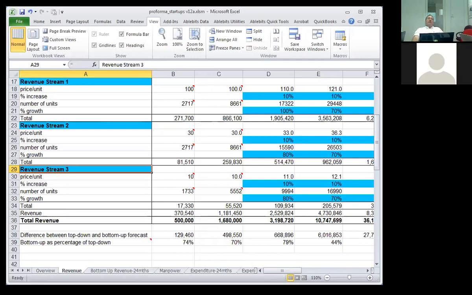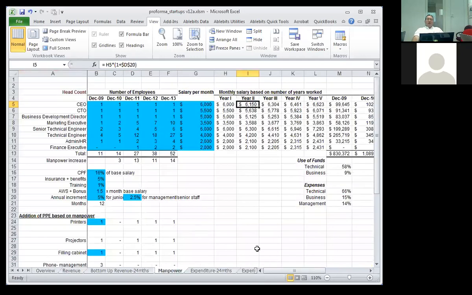Okay, so that's the revenue side. Now we want to look at the expense side. We have a special sheet for manpower expense, because for a lot of our startups, manpower is going to be a big component of expense. We have put in some typical positions that you might want to fill in a startup.